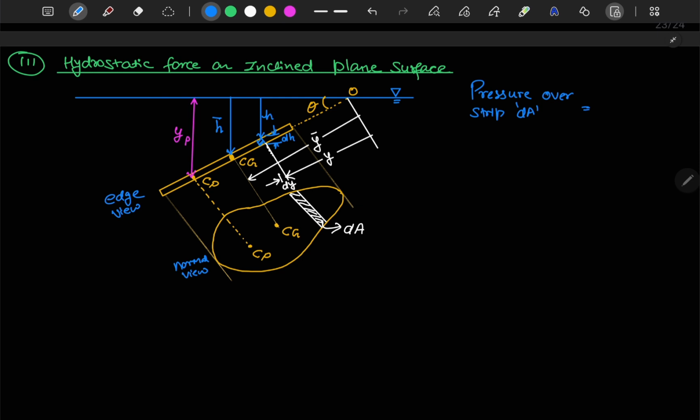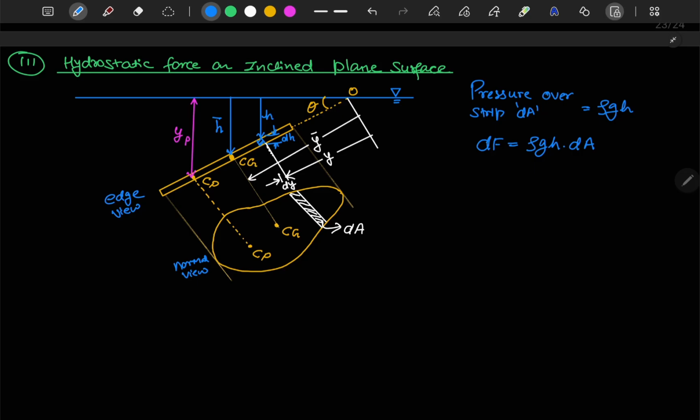The pressure at that point will be rho g h. Now the elemental force dF on that area dA will be given by rho g h into dA.